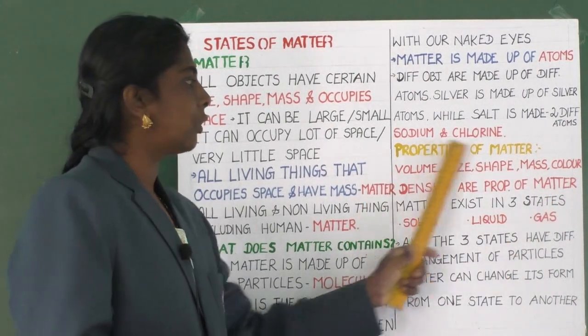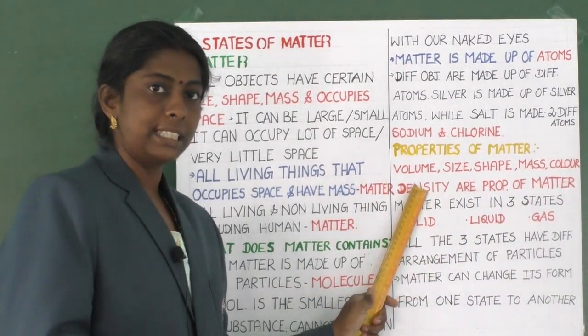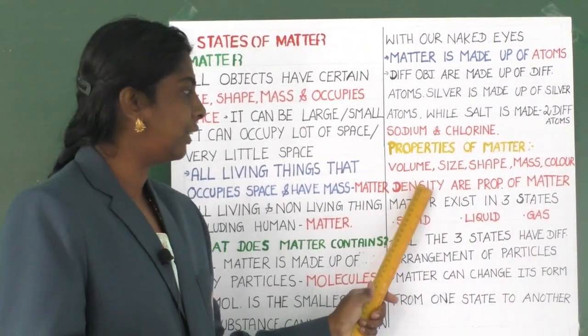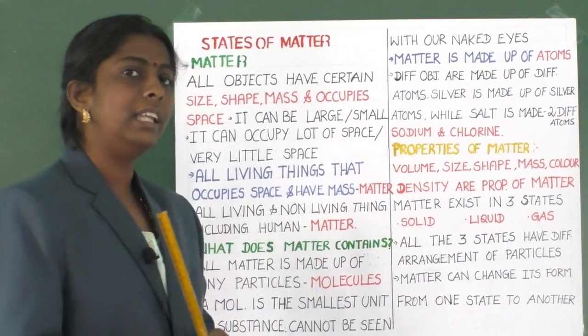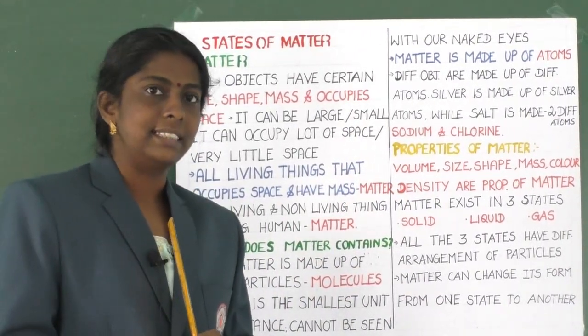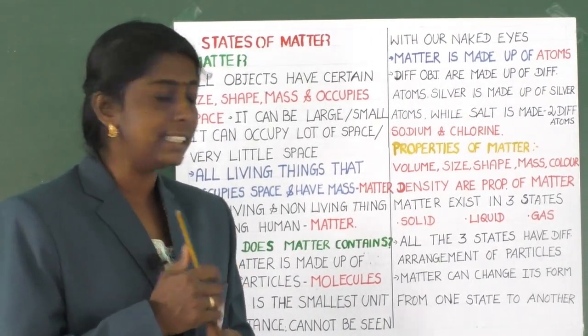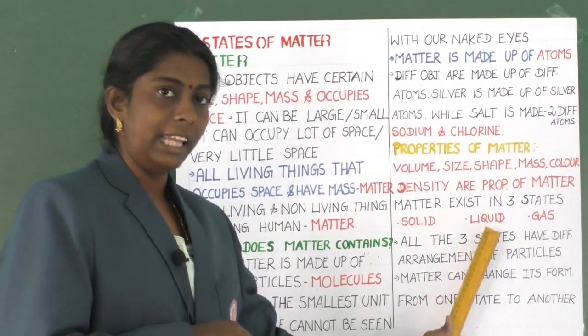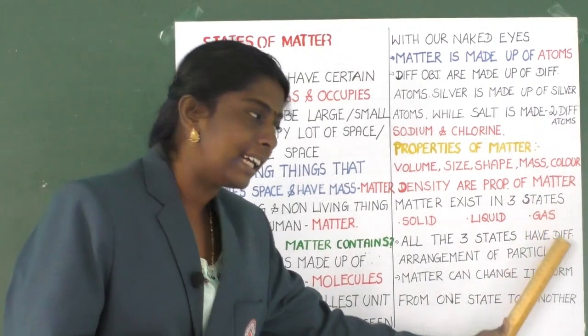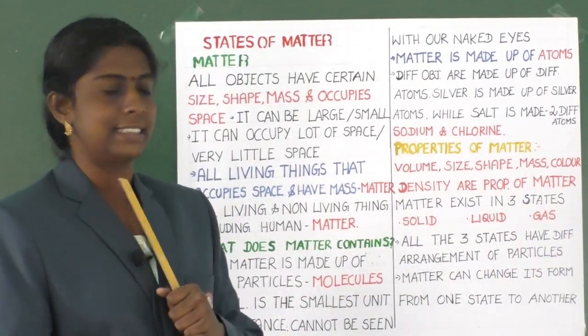So these are all different properties of matter. Clear, children? Yes. So generally matter exists in three different states. What are the three different states? Solid, liquid and gas. Is it not? Yes.